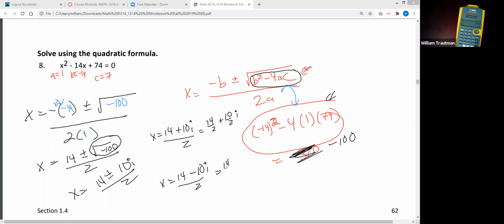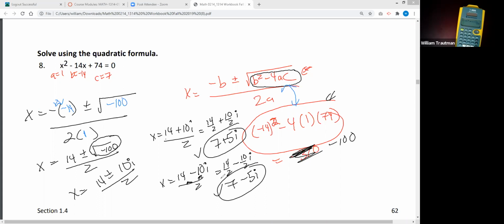Same way here, 14 over 2 minus 10 over 2 i. 14 over 2 is 7. 10 over 2 is 5. So one answer is 7 plus 5i. The other answer is 7 minus 5i.